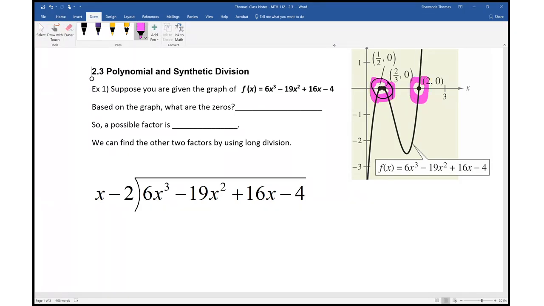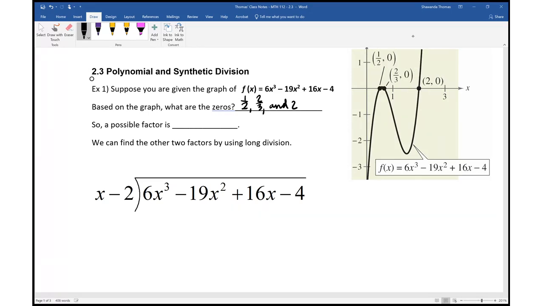So the zeros are 1/2, 2/3, and 2. And as you can see, you write the x-intercepts as (1/2, 0), (2/3, 0), and (2, 0).